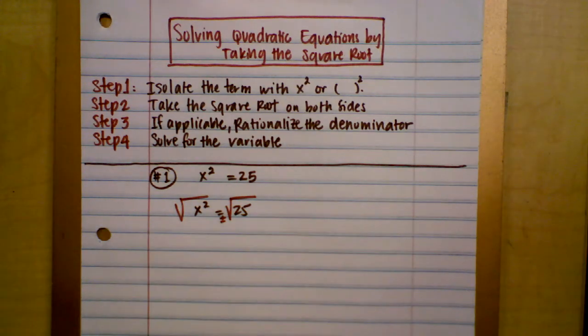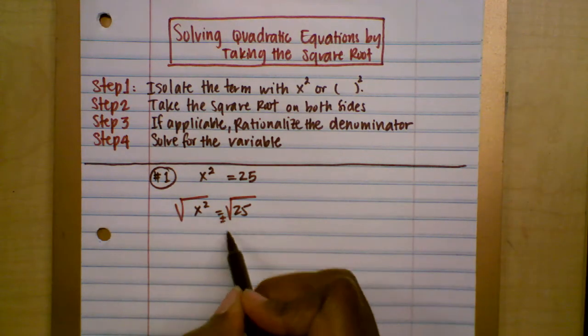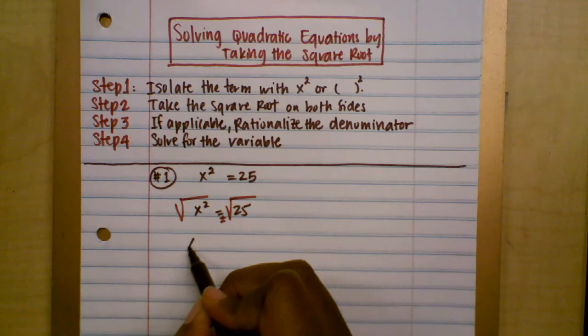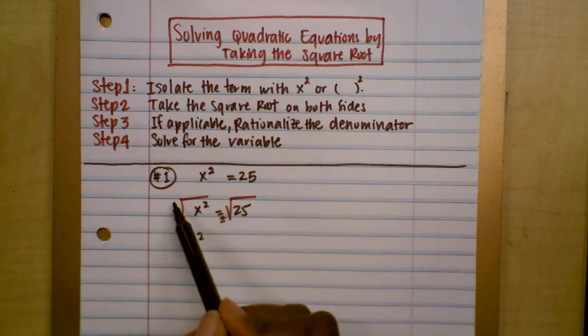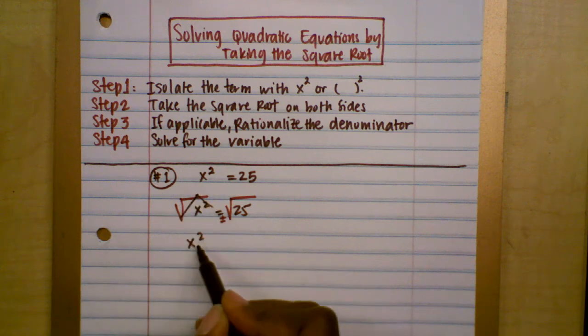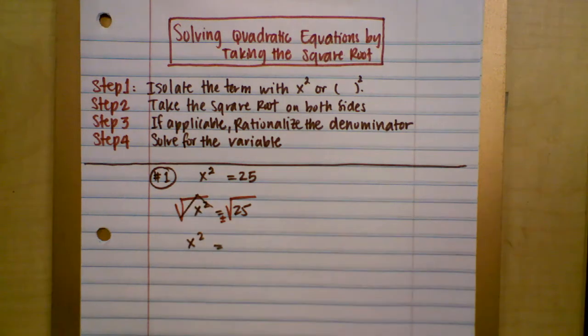That's why when you have even roots, you always need to include the plus and the minus, because the negative number and the positive number both work. So you end up with x, since the square root undoes the square, equal to plus or minus.